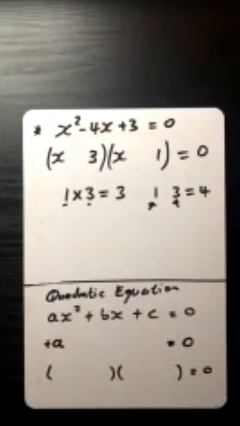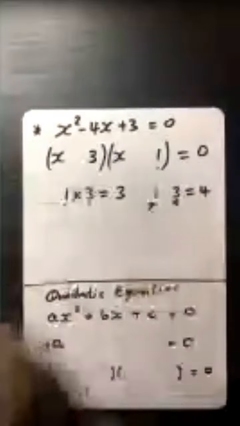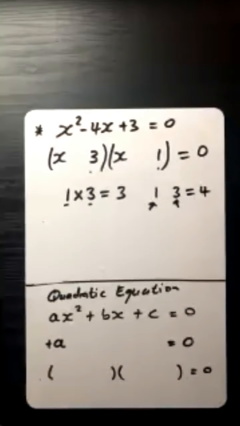So now, between these two numbers, the bigger number takes the sign of the middle term. Shreyas, which one is the bigger number? 3 is the bigger number. What is the sign of the middle term?